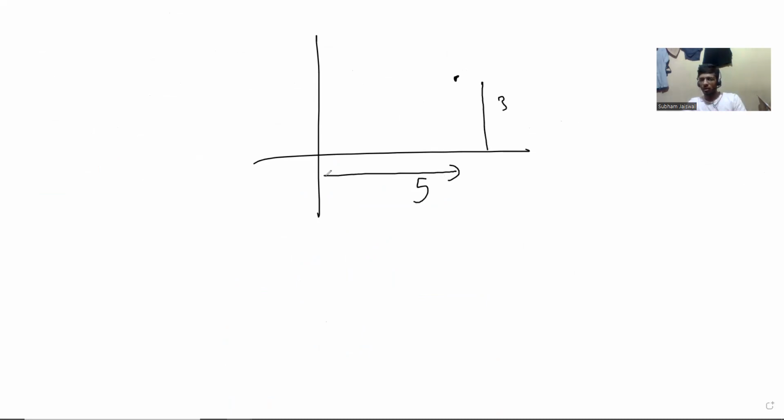You are here and someone else comes along and asks you, how do I get to this point S? What's the easiest way to translate that information? You would just say walk 5 steps right and 3 steps up. That's the easiest in this situation to say. So it's just 5 comma 3.